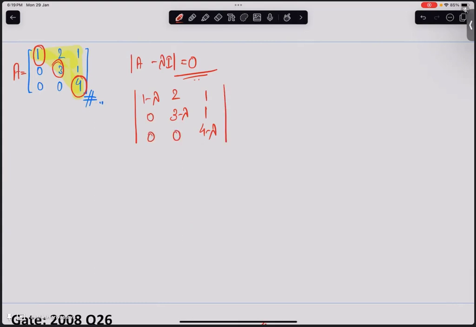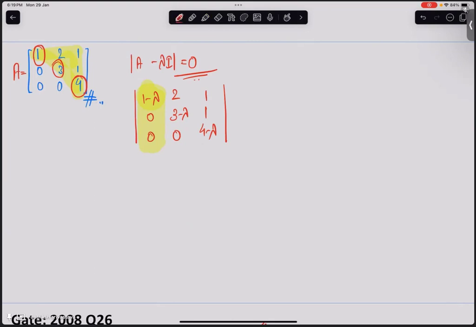Now what did I tell you? In previous math sessions, I have told you, and you also shared with me, that when we are trying to calculate the determinant of a matrix, we can expand the matrix along any column or any row, right? So I'm going to make my life easy and expand along this column.